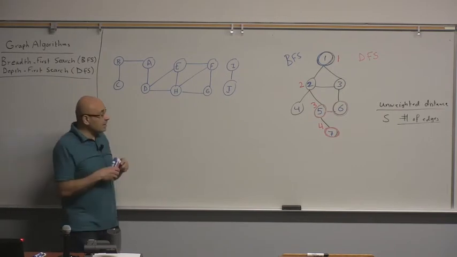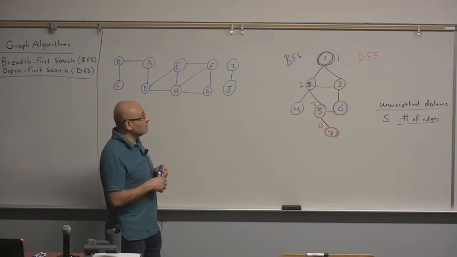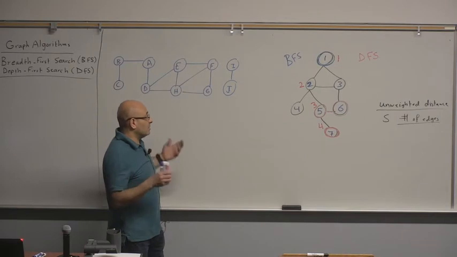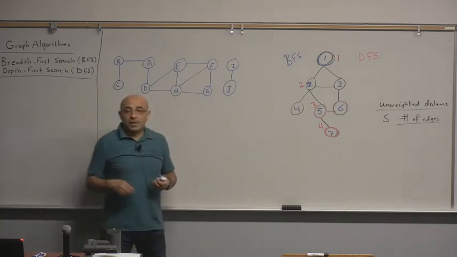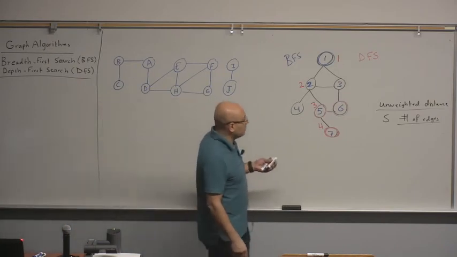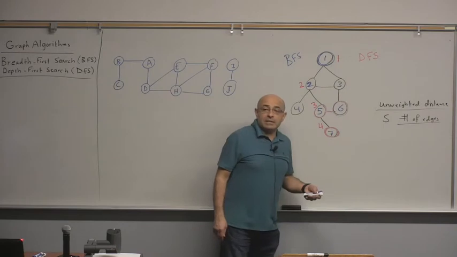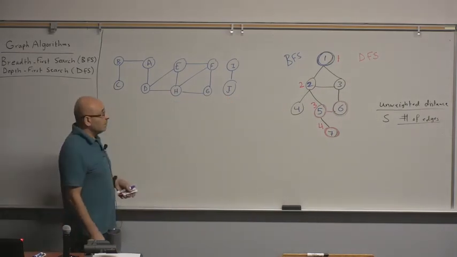Some operations you apply to a weighted graph have nothing to do with the weight, so you can compute the unweighted distance. But obviously, the weighted distance makes sense only if the graph has weights.